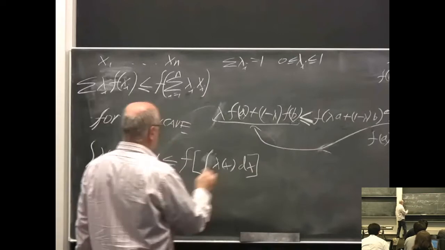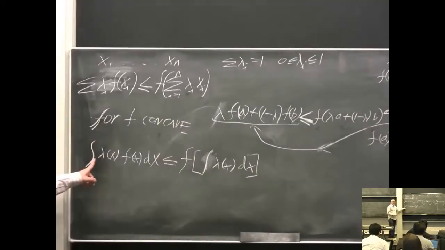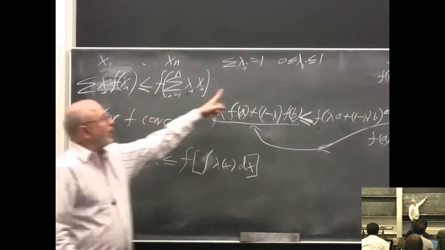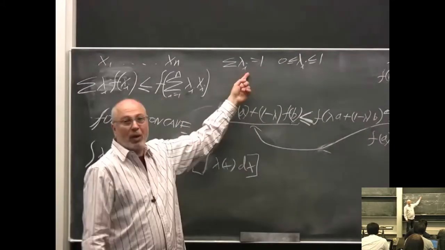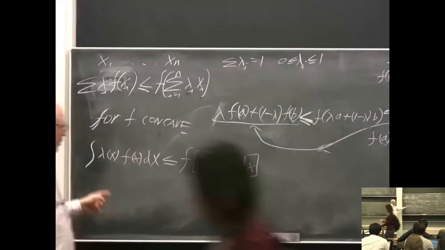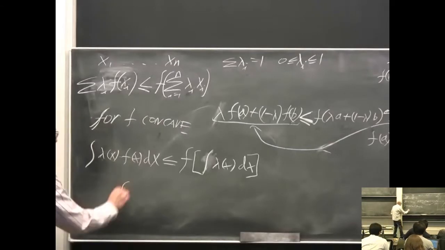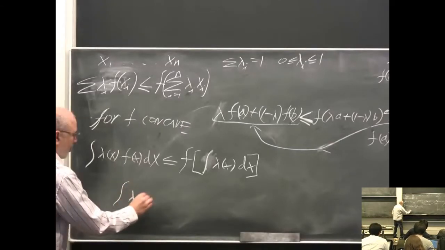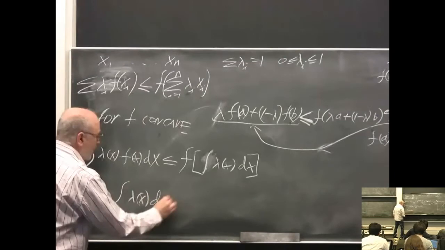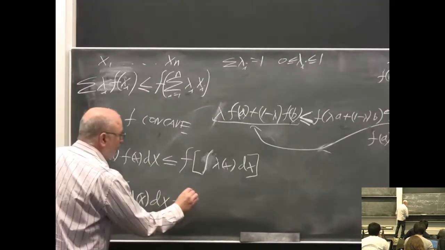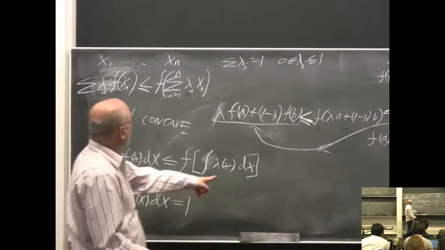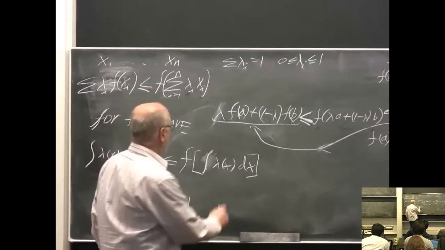Under the condition that this lambda function... Remember the condition we had that it was between 0 and 1 and it sums to 1? Well, here the condition is simply going to be that lambda of x dx sums to 1. What did I miss here? X. X, thank you.